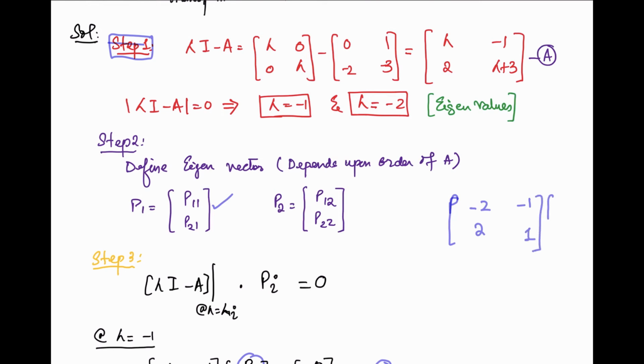And multiplying this with this eigenvector p12, p22, we should have this equal to 0. So this is our equation, and from this equation we can find out the second eigenvector.